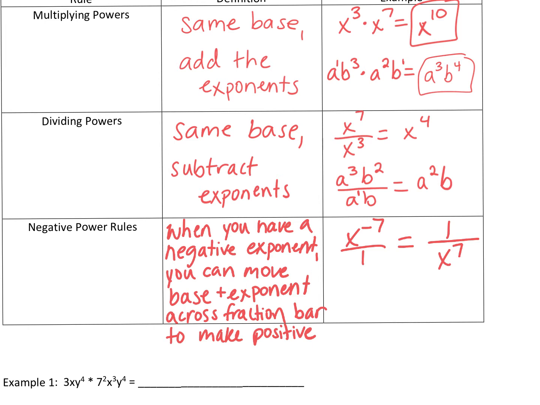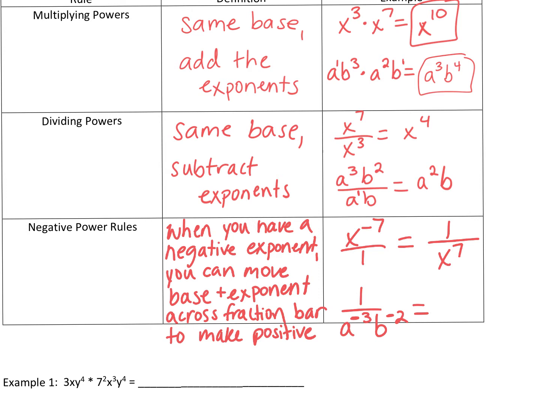Okay, this also works the opposite way. So for instance, if I had 1 over a to the negative third, b to the negative 2, I can bring those both up to the top by making them positive.